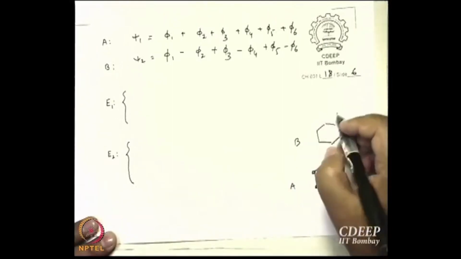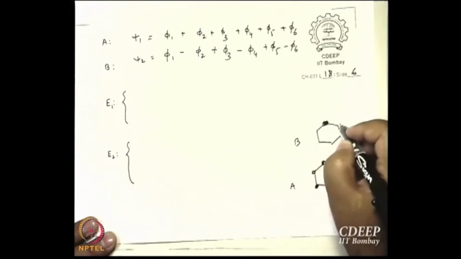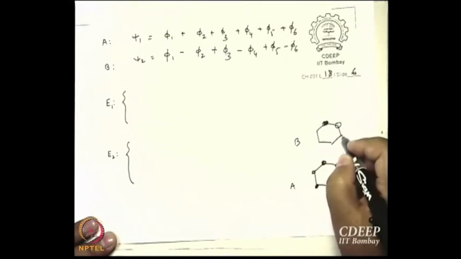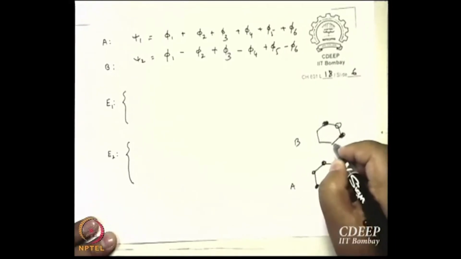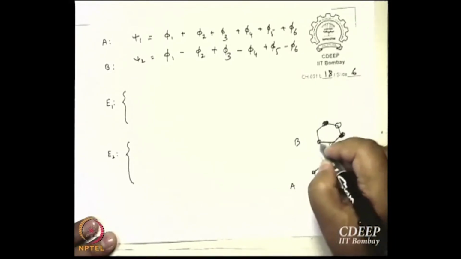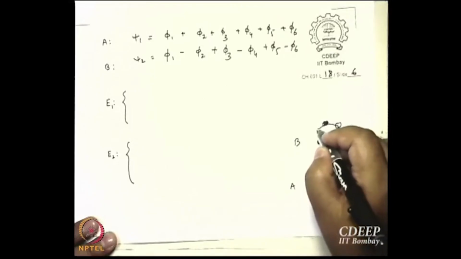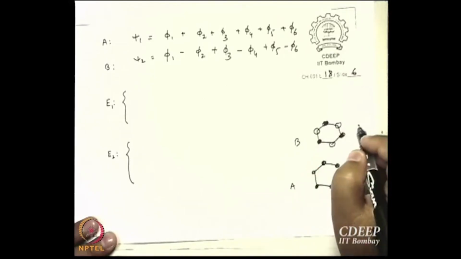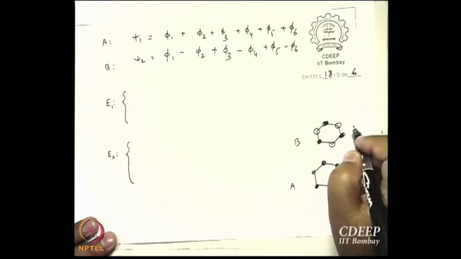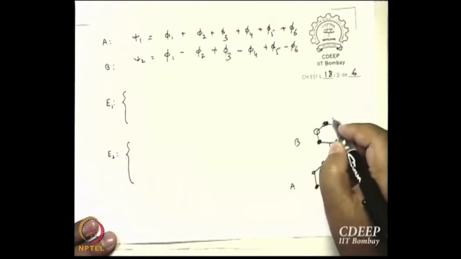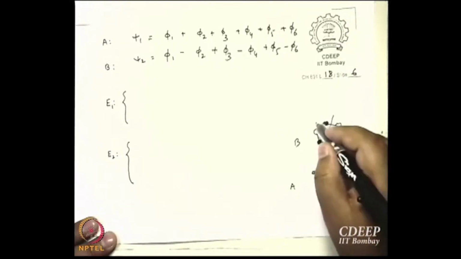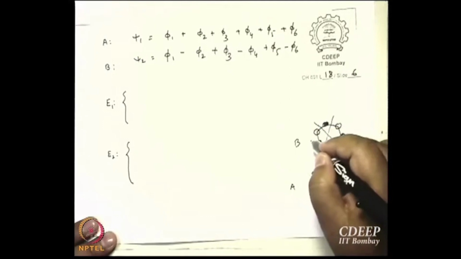And what about this? Phi 1 is plus, phi 2 is minus, phi 3 is plus, phi 4 is minus, phi 5 is plus, phi 6 is minus. So, it is full of nodes. How will I draw the nodes? This is one node, this is one node, this is another node. 3 nodes, isn't it?